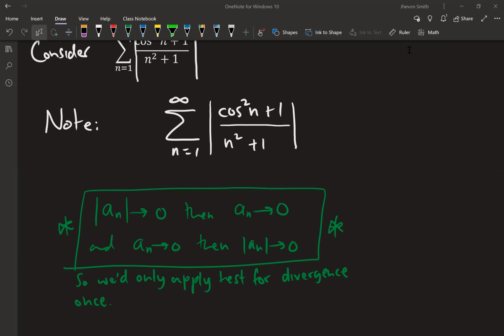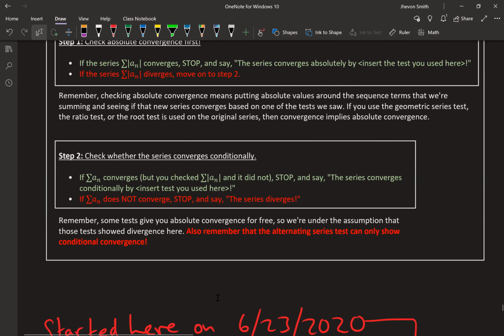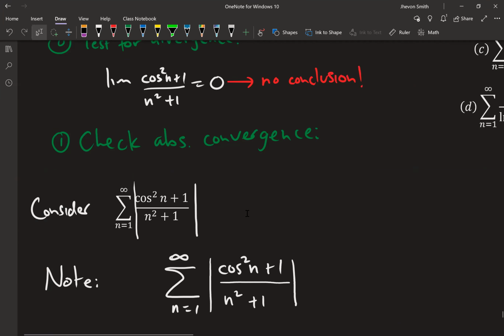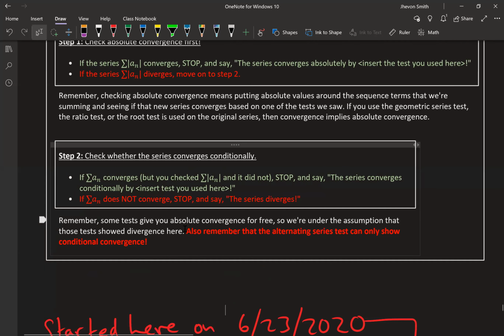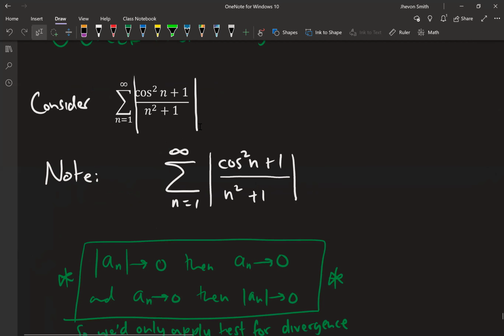No, you would not use the alternating series test. Remember, very important thing: the alternating series test can only show conditional convergence. So that should not come to mind when you want to talk about absolute convergence, right? That's why I put the warning in red and bolded, and I did it several times, because it's a very common mistake for someone to try to, oh, let's check alternating. No, we're doing absolute convergence. It cannot be alternating.